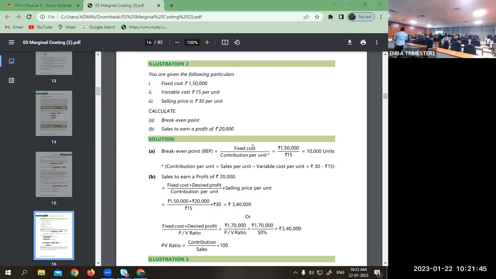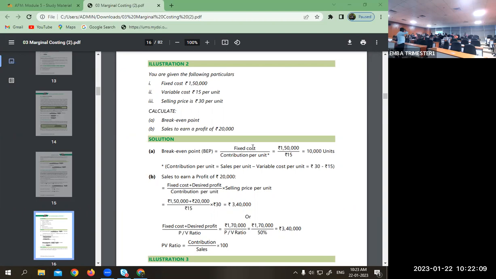Fixed cost in total divided by contribution per unit will give you the break-even point in units. So fixed cost plus how much you want extra. If you only recover fixed cost, profit is zero.